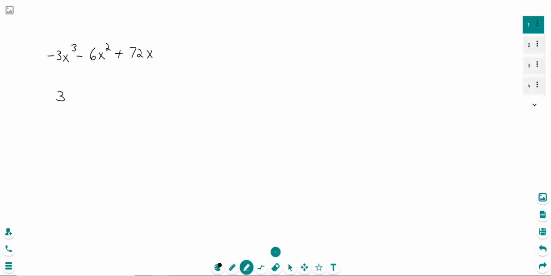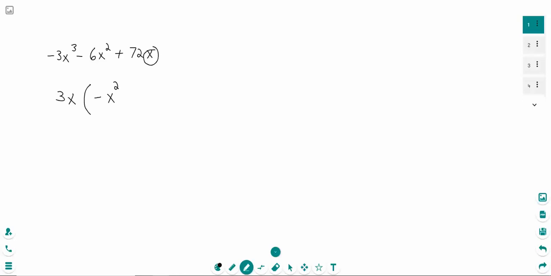So if I pull out a 3, what else can I pull out? Well, they're all sharing an x as well, right? So let's pull out 1x. That's the most I can pull out because this one is only to the first power. Right? So I can pull out 1x, and that's it. Those are all the common factors. So now we divide those out. A -3x cubed divided by a 3x, well, that's going to give me a -x squared, right?